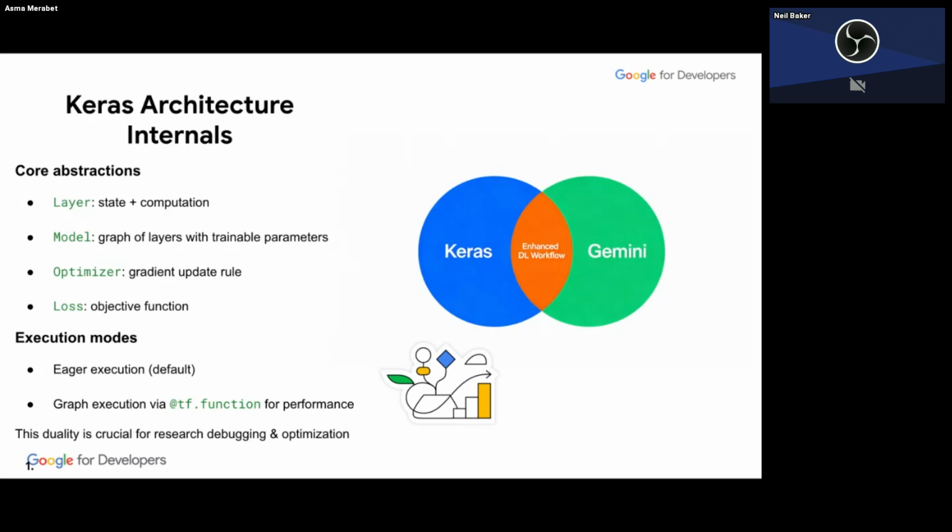Now we have to know that Keras supports two execution modes: the eager execution, which is the default, and also the graph execution, through tf.function, for performance. We have to know the difference between them.